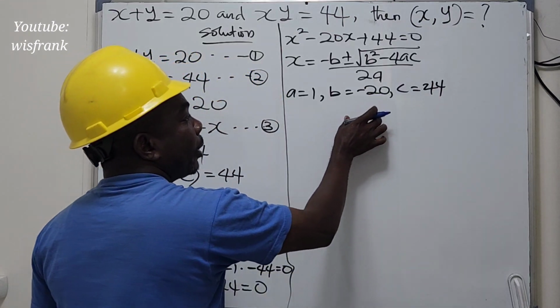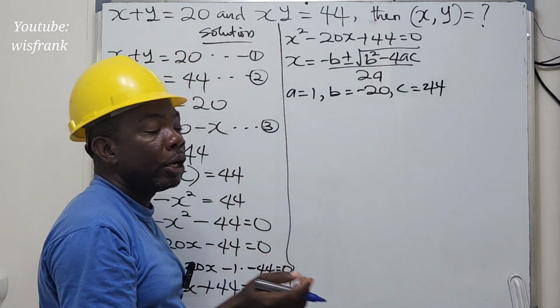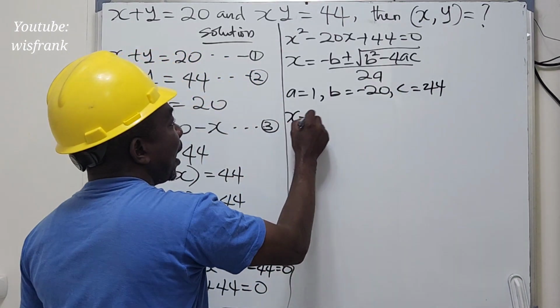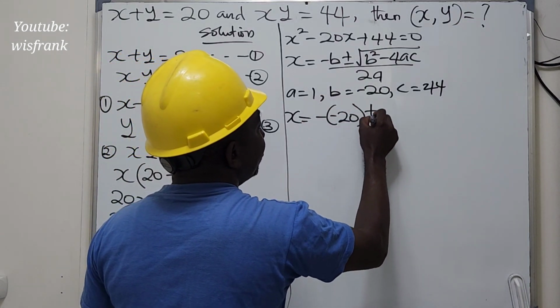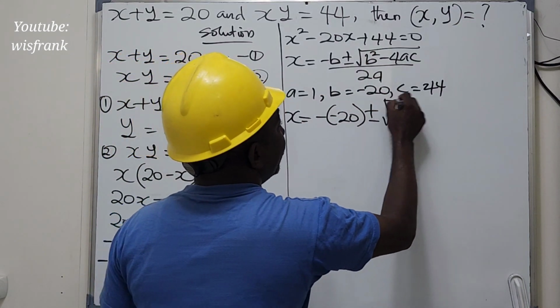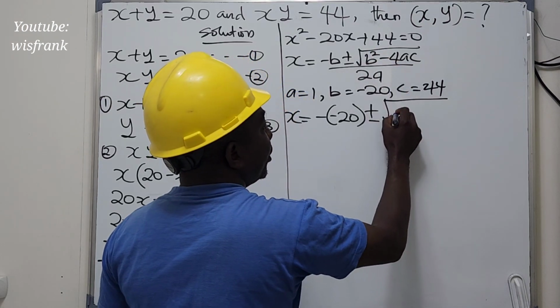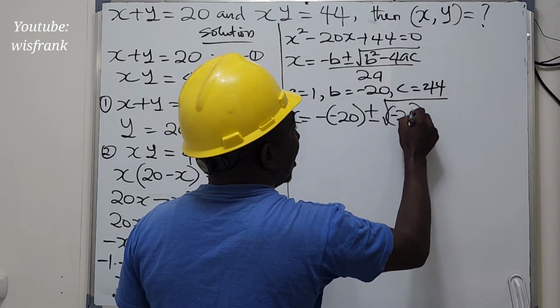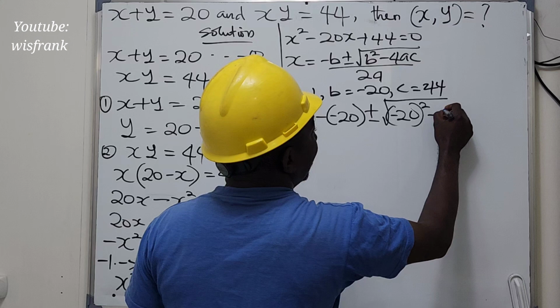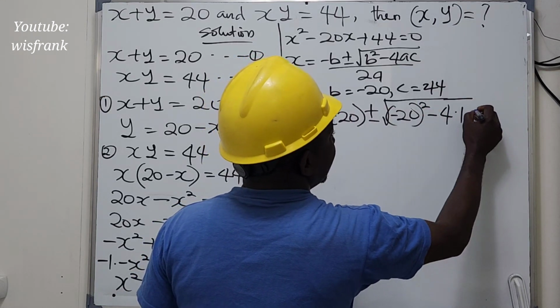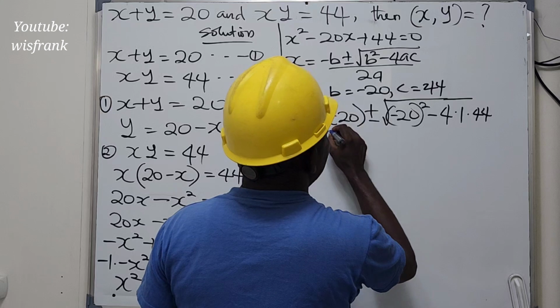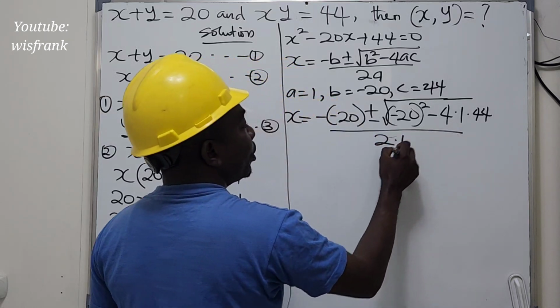So, substituting these parameters into the quadratic formula, we have the value of x as minus b, which is minus into minus 20. Then we have plus or minus square root of b to the power of 2, which is minus 20 to the power of 2. Then we have minus 4 times a, which is 1, times c, which is 44, all over 2 times a, which is 1.